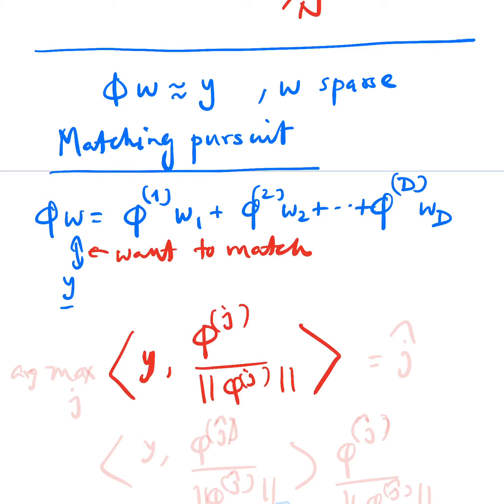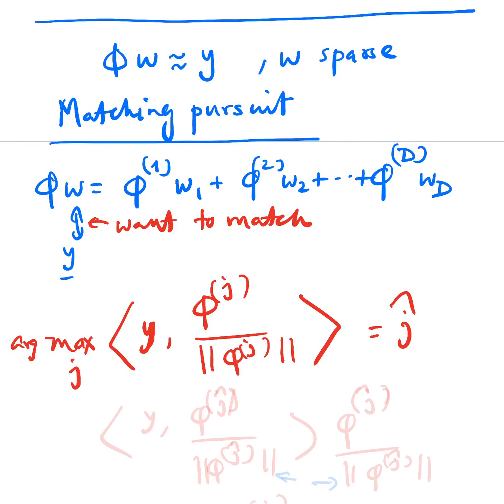Let me take the max over this to explain the most amount of Y I can in any direction, right? So let's say the argument of the max of this is j hat.